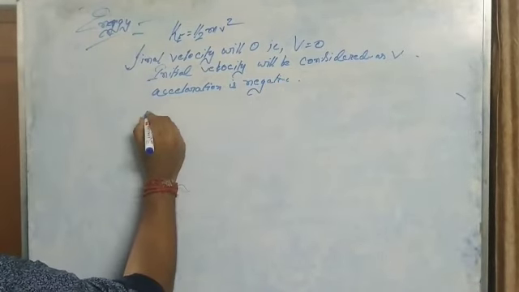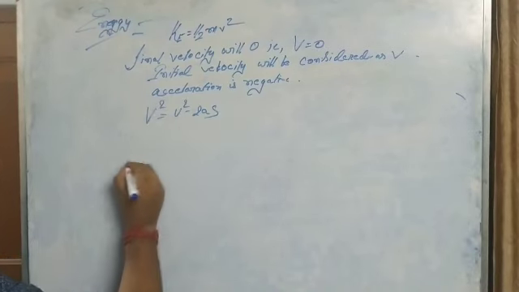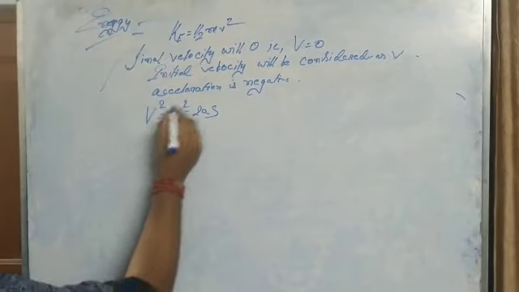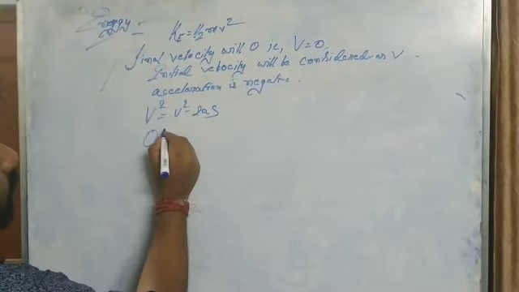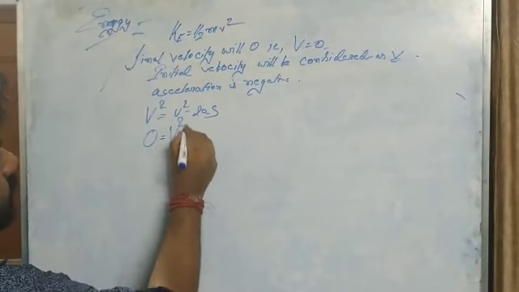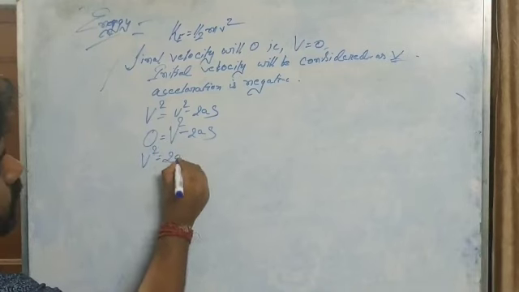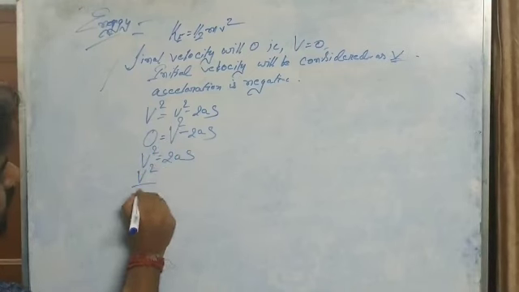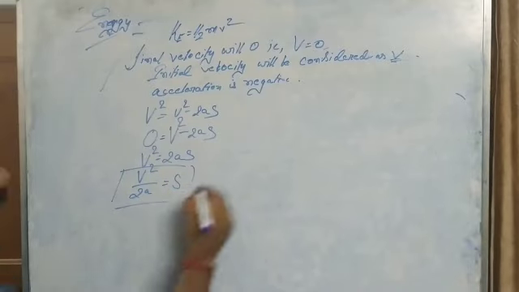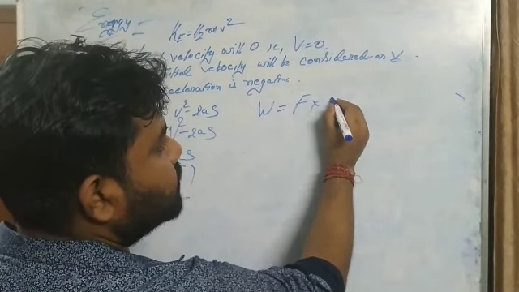Now we know that v square equals u square minus 2as. Now we will substitute the values from above. Final velocity is 0, that is 0 equals v square minus 2as, or v square equals 2as, or v square by 2a equals s. Now work done equals force into displacement.